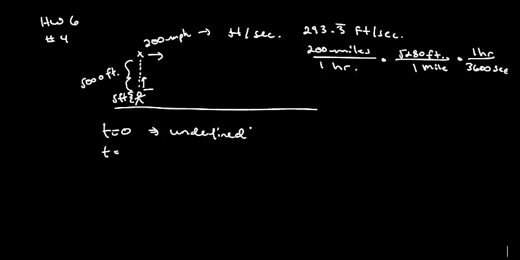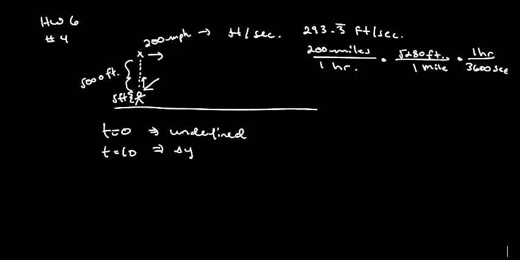At t equal to 10 seconds, well, if every second it goes 293.3 feet, if we multiply that by 10, in 10 seconds, the change in the y value, its height value, hasn't changed, right? The height of the plane hasn't changed.